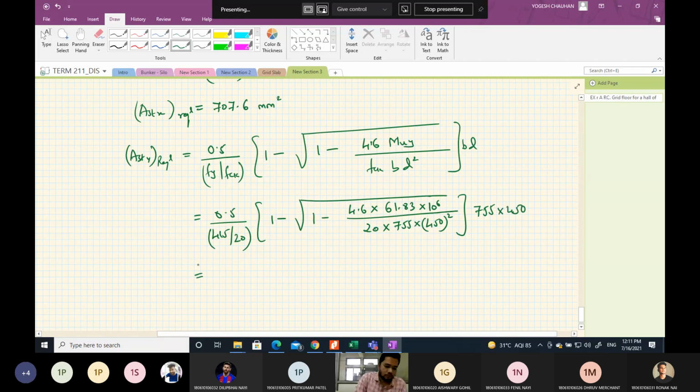So it comes out to be 390 mm square. This is your ASTY required.